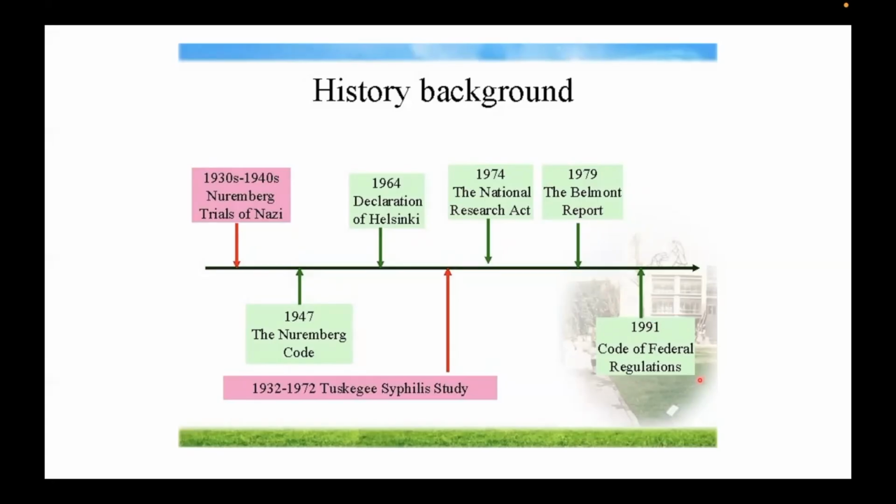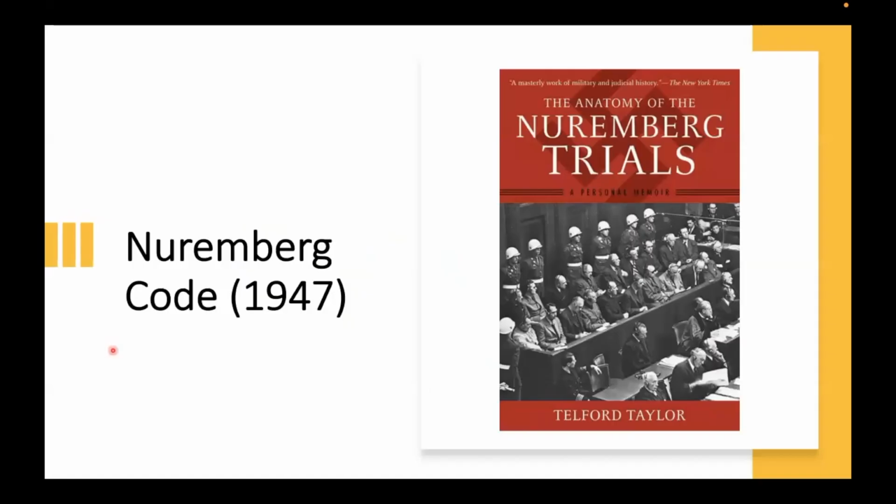Now, heads up. 3 of these concepts came out in the actual physician's licensure examination here in the Philippines. So the Nuremberg Code I'm going to talk about, the infamous Tuskegee syphilis study, the Declaration of Helsinki, the Belmont Report, and the Code of Federal Regulations. Now, let's try to dissect this history and understand what happened.